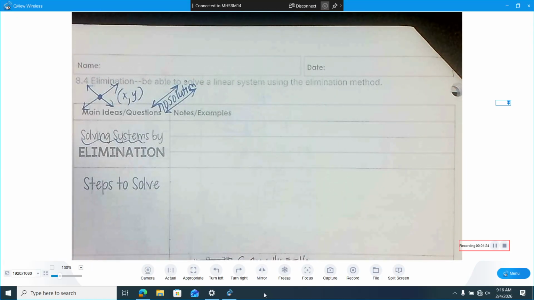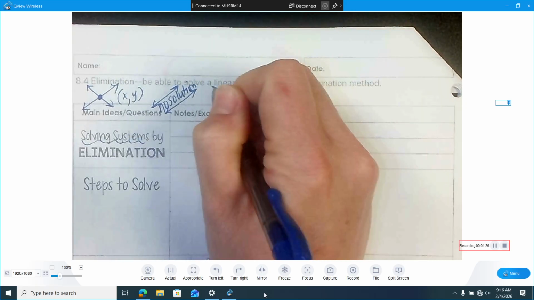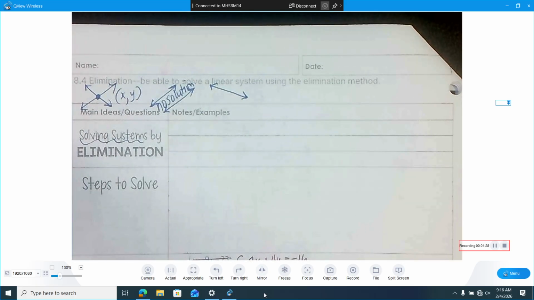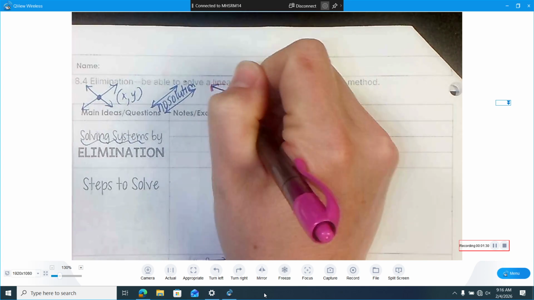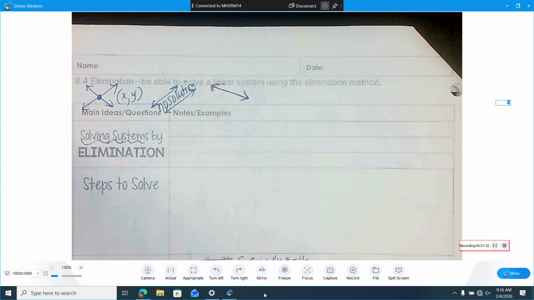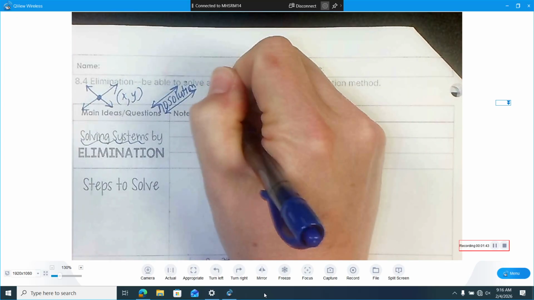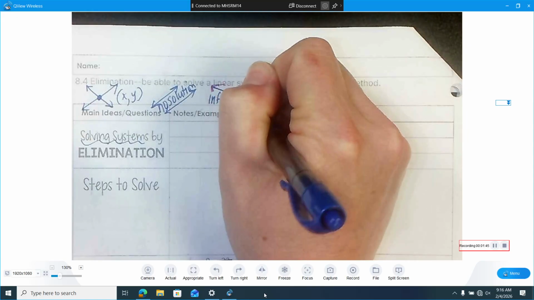And then we could have a line and an identical line graphed right on top. What happens then? Infinite solutions, because they happen to be the same exact line. So they have a ton of points in common all the way down. So infinite solutions.